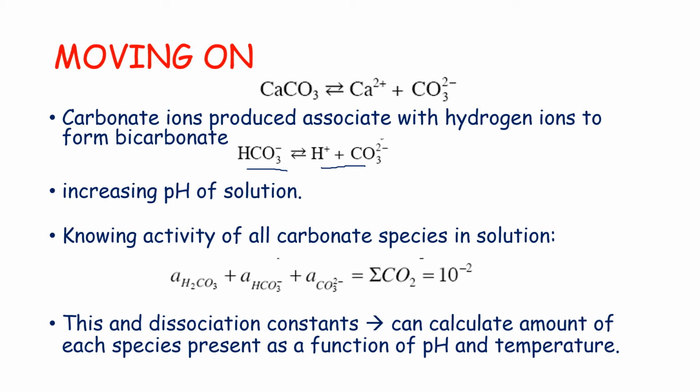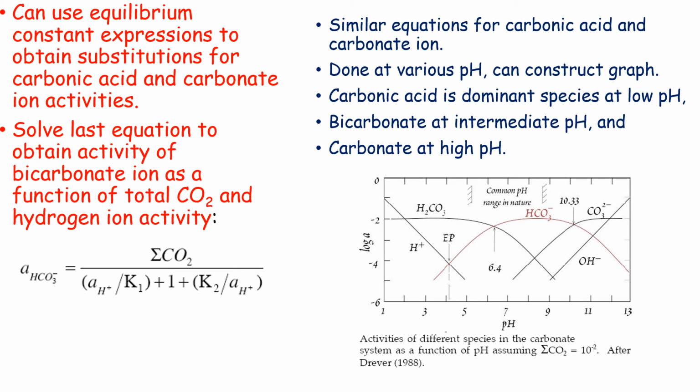From this and the dissociation constants, you can calculate the amount of each species present as a function of pH and temperature. Finally, we can use the equilibrium constant expressions to obtain substitutions for the carbonic acid and the carbonate ion activities in the last equation. These are functions of bicarbonate ion activity and pH.